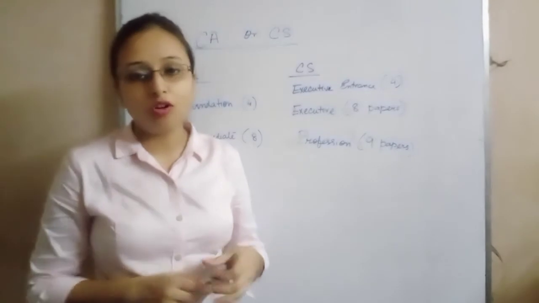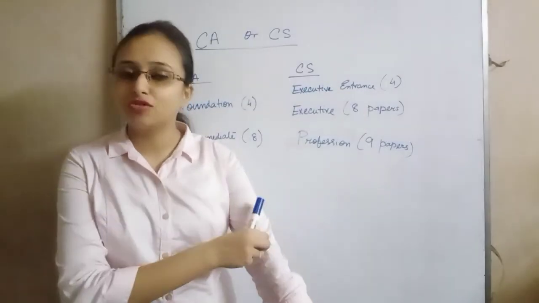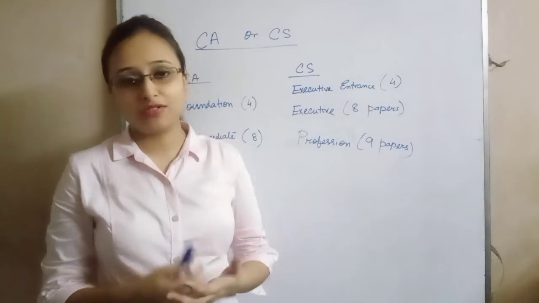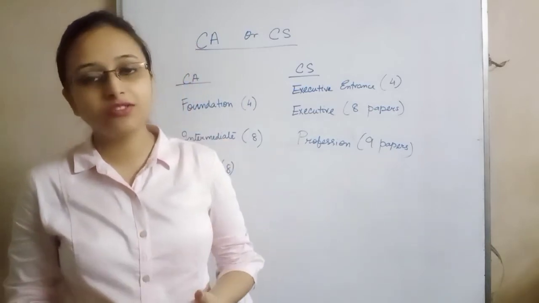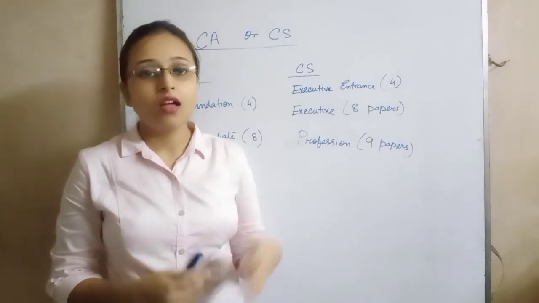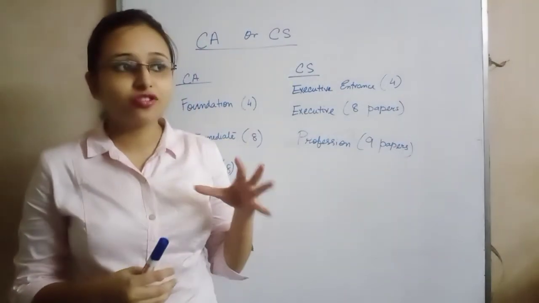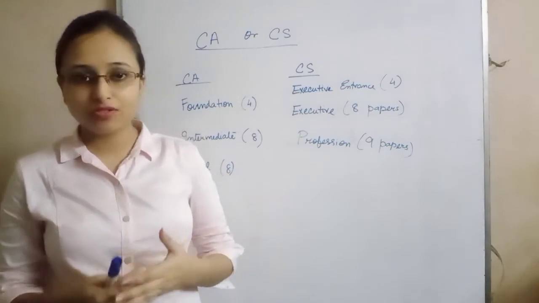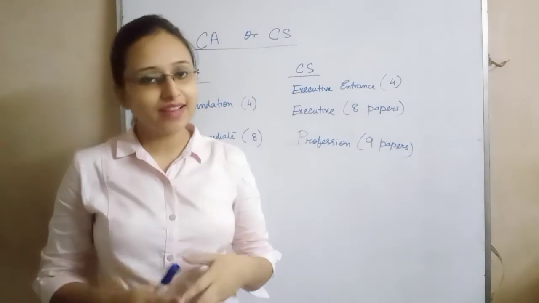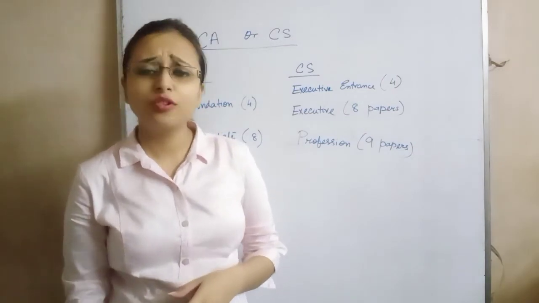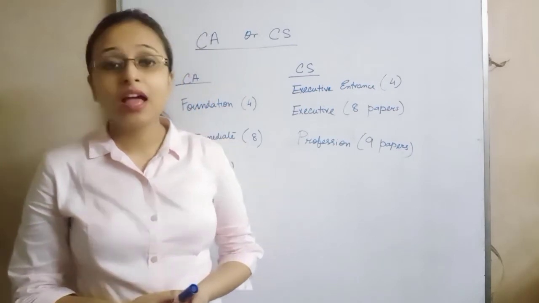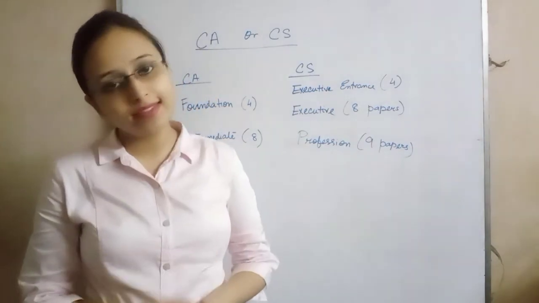Now talking of which is more difficult and which is not very difficult. Children, this is really not a matter of fact that it is difficult for you or not. The syllabus varies. CA is mainly focused on numbers, accounting, calculations, and the depth of knowledge into accounting, finance, and taxation. But if you think I'm not good at taxation, I'm not good at calculating, I will advise you to go for CS.